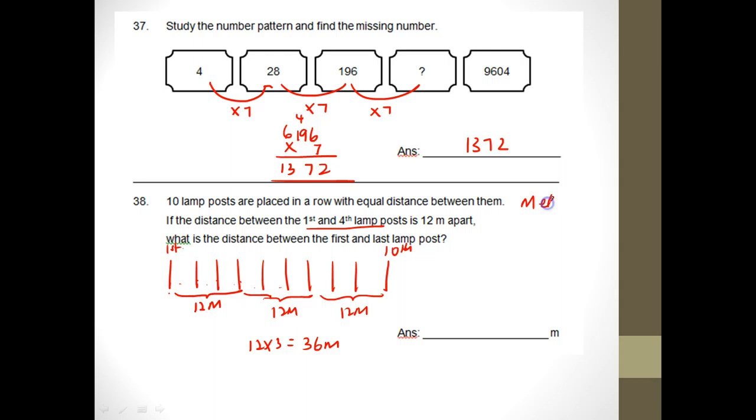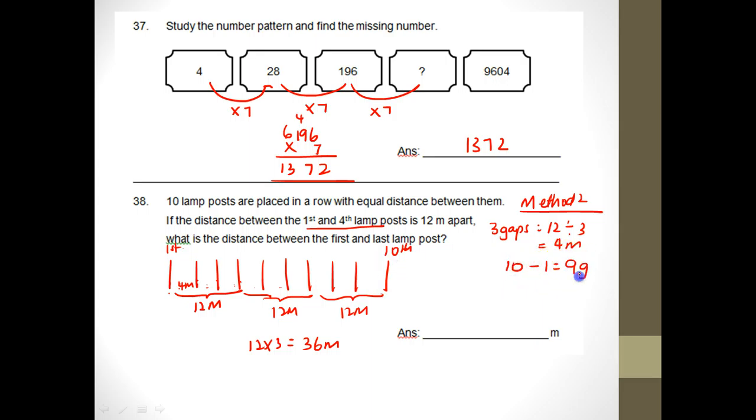Alternative method 2. We know that 3 gaps, 1, 2, 3 gaps is 12 meters. 12 divided by 3 is 4 meters. So each gap is 4 meters. They are all together 10 lampposts minus 1.